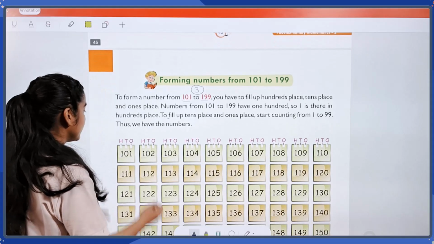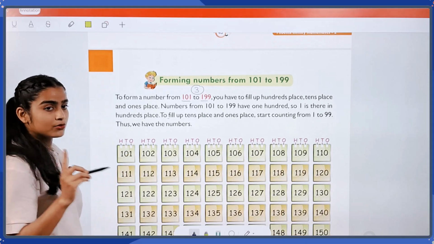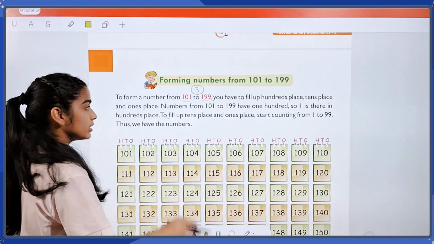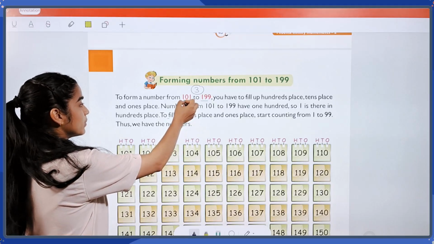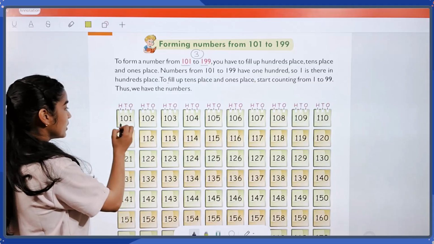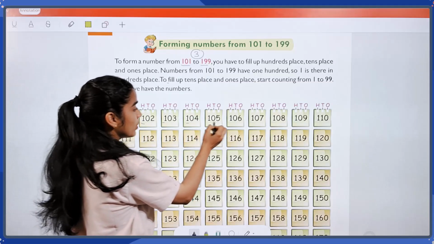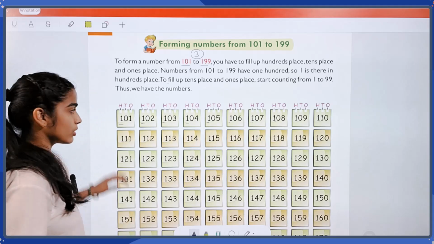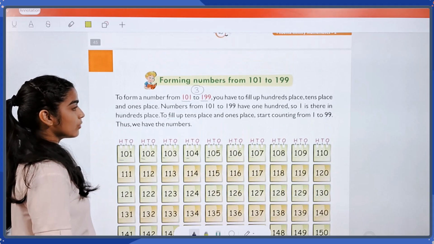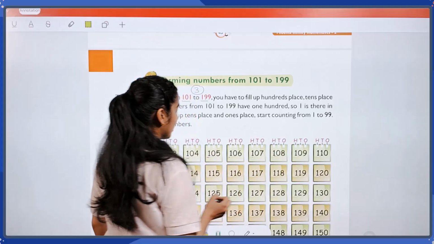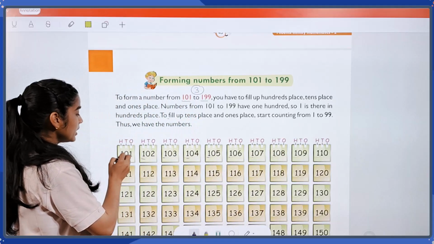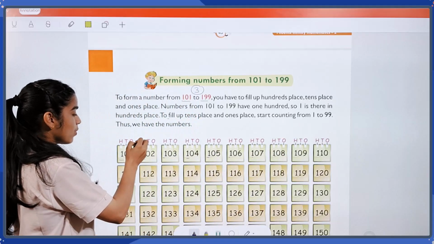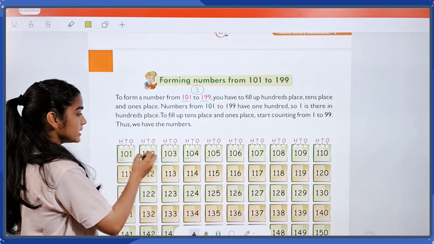For example, in the hundreds place, we just have to put 1 in all the numbers from 101 to 109. For the ones and tens places, we have to start counting from 1 to 99. For example, 101, 102, and so on.